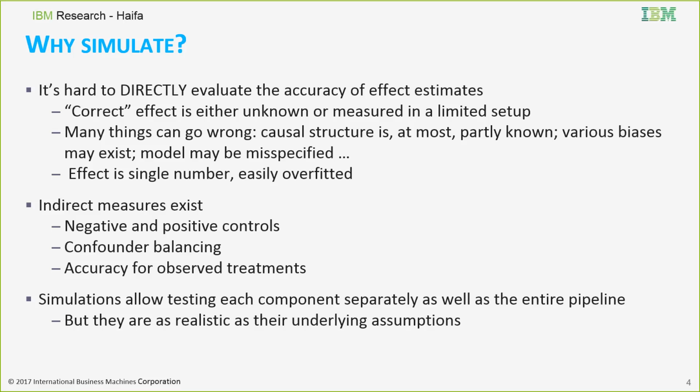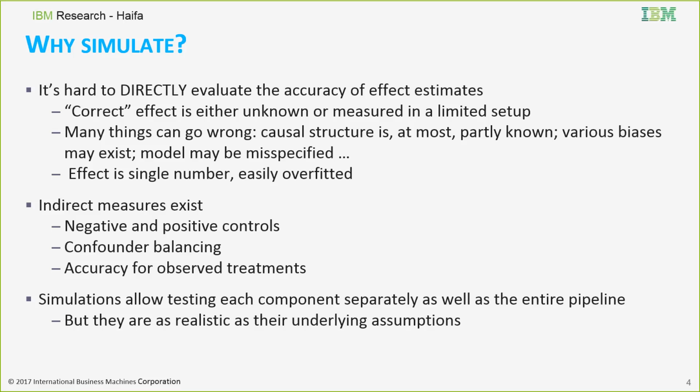There are many indirect ways to assess whether the approach is reasonable, right? You can take some negative and positive controls. For example, if you know that the treatment you study does not have any effect on the outcome, you can run your analysis and test what estimated effect you compute, and you would expect it to be almost zero, right?